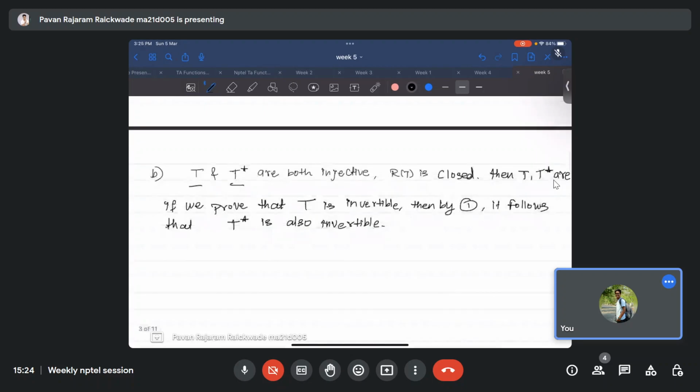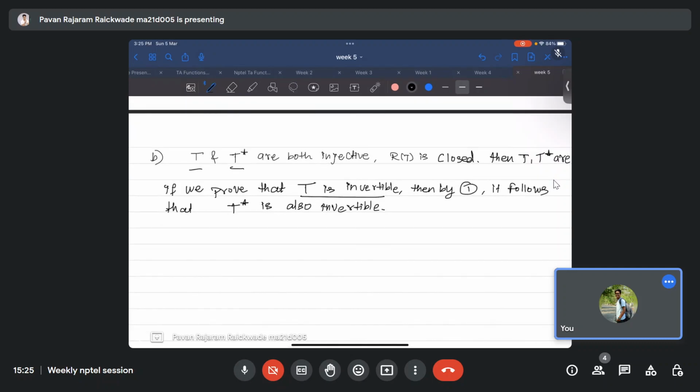Also, for proving the invertibility of T, it is enough to show that T is onto, because V and W are given Banach spaces. So any bijective continuous map is invertible. That means its inverse is also continuous.